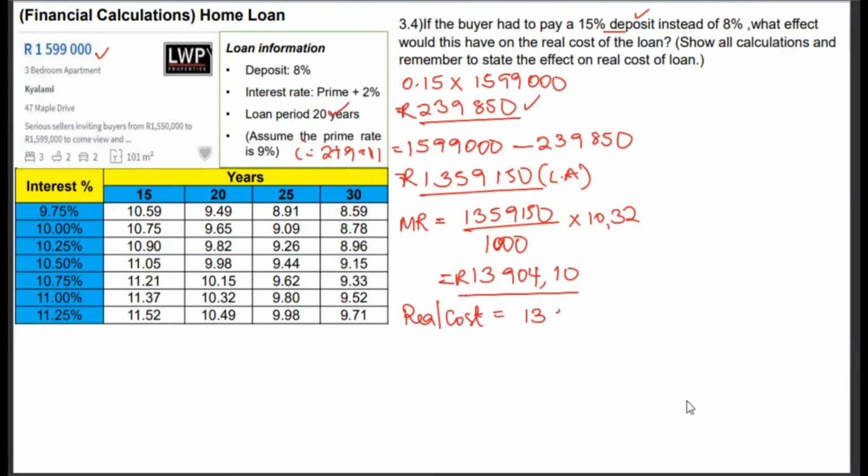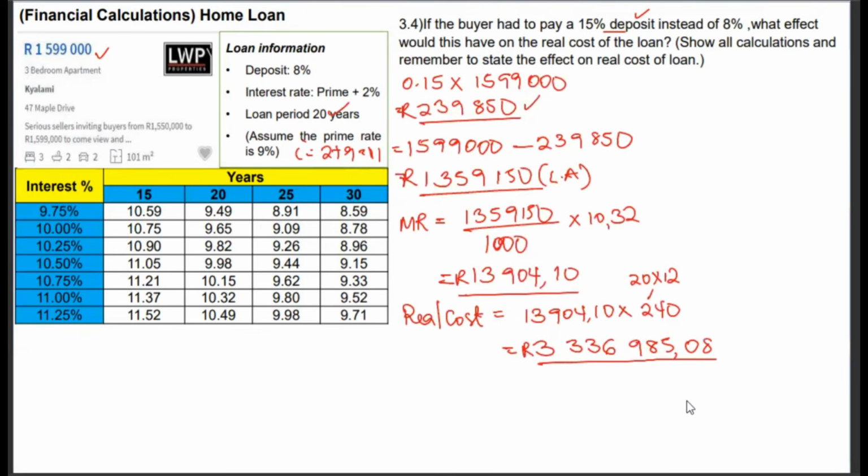The real cost becomes that much money times 240. Where do we get the 240? It's from the 20 years times 12. So 240. So the person ends up paying 3,336,985 rands 80 cents. This is how the person is going to get the money.